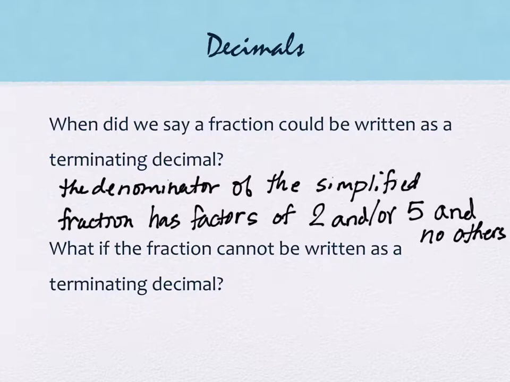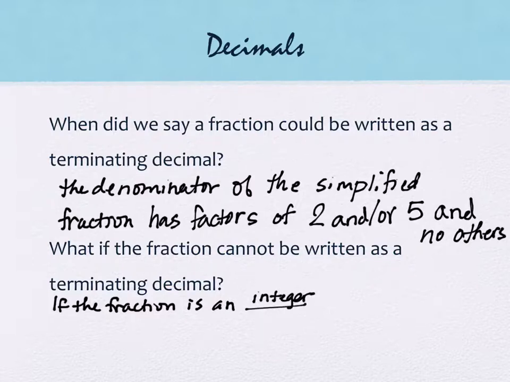So what if the fraction cannot be written as a terminating decimal? Well, if the fraction is an integer over an integer, that makes it a rational number by definition, and it does not terminate.